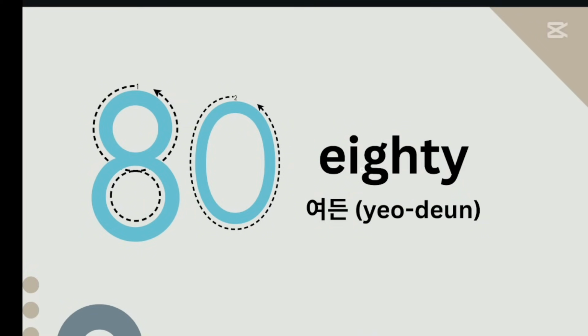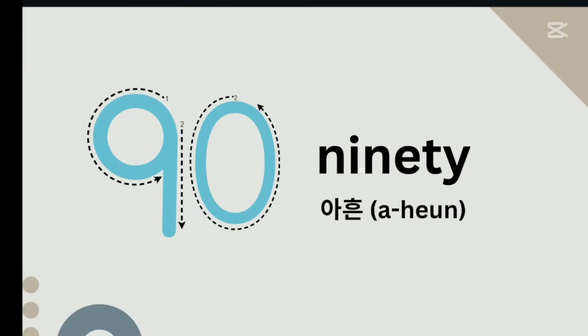In number word, it starts again with letter E, I, G, H, T, and Y. So 80. Next number that we have here is the number 90. It's N, I, N, E, T and Y. 90.